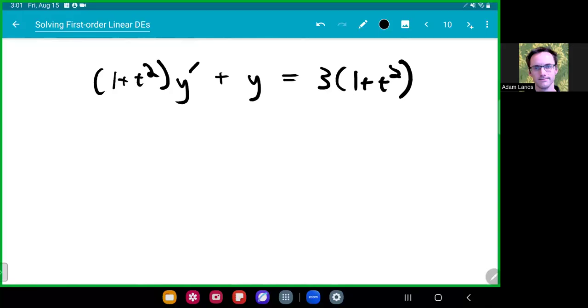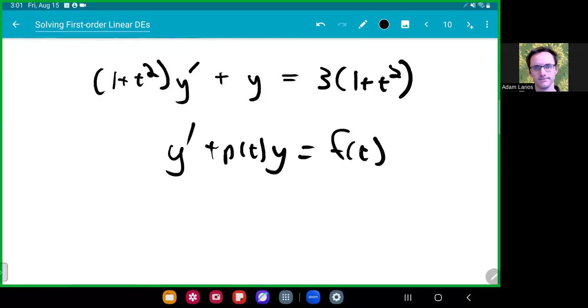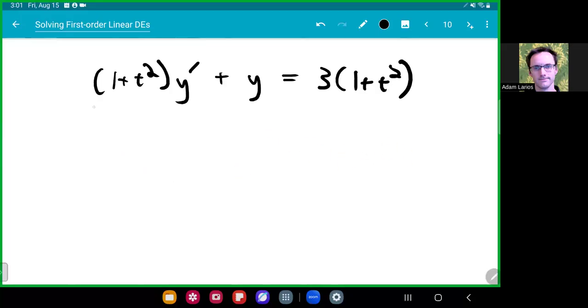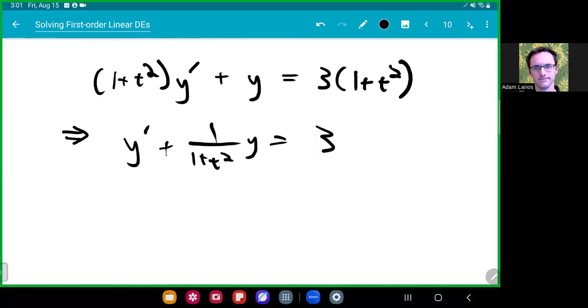So first of all, let's note that this is not in the integrating factor form. We need something of the form y prime plus p of t y equals some function on the right-hand side. We need there to be a 1 in front of this coefficient. Well, we can divide through by 1 plus t squared to get that. So we'll have something like y prime plus 1 over 1 plus t squared y, and then that's just equal to 3.